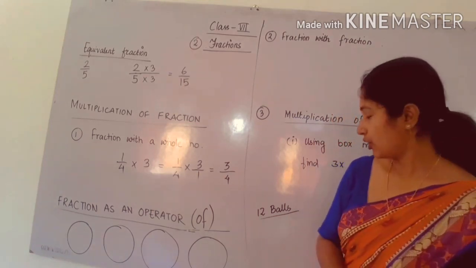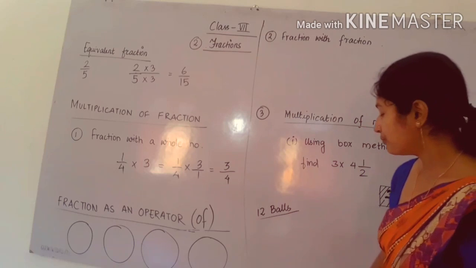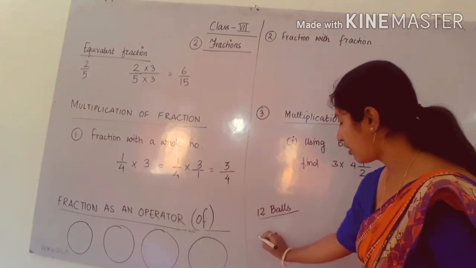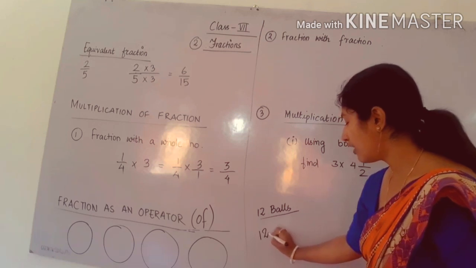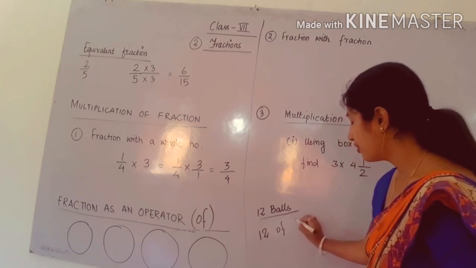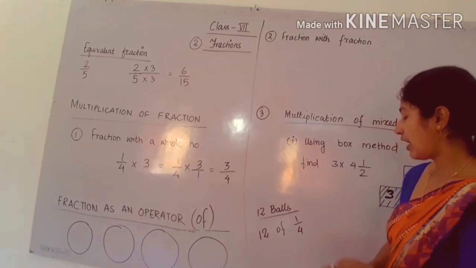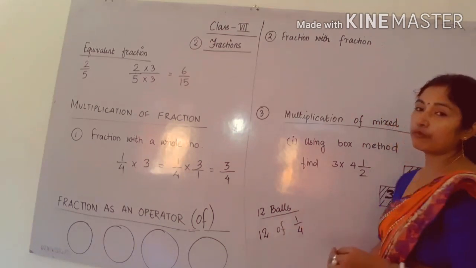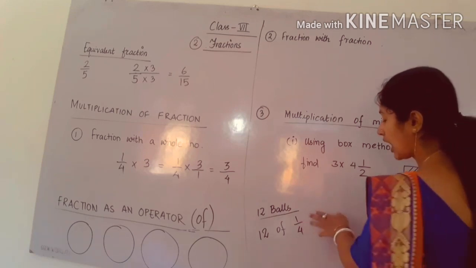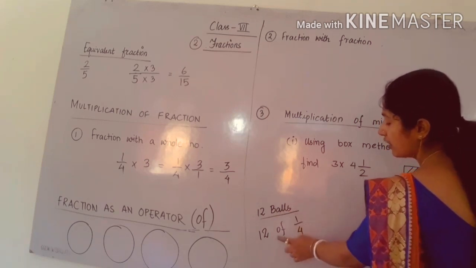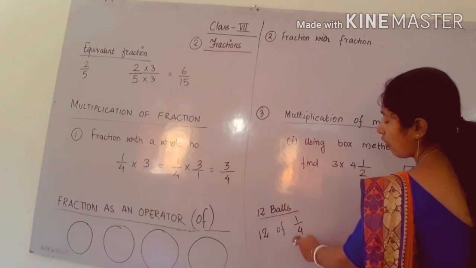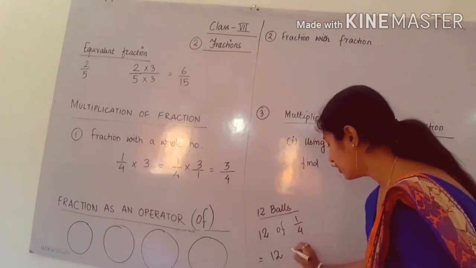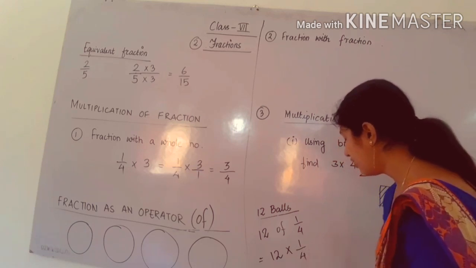So you have to write 12 of 1 by 4. Why have I written 1 by 4? Because I want to distribute the 12 balls into 4 equal groups. Here the operator of is used, and in place of it we can write into. That means 12 into 1 by 4.